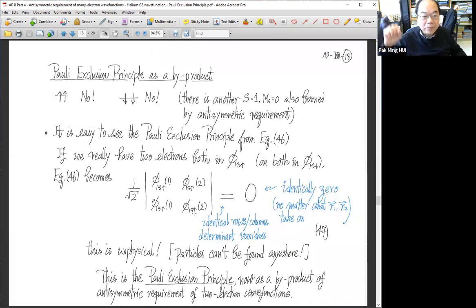Third thing, Pauli exclusion principle is just a byproduct in the Slater determinant form of many electron wave functions. Get this message, then go home and think about the whole thing again to convince yourself that it's very logical.